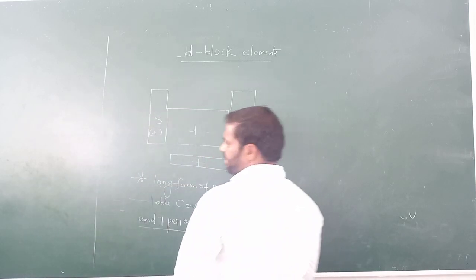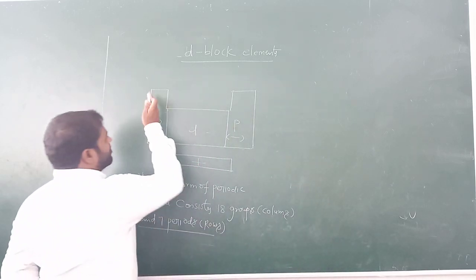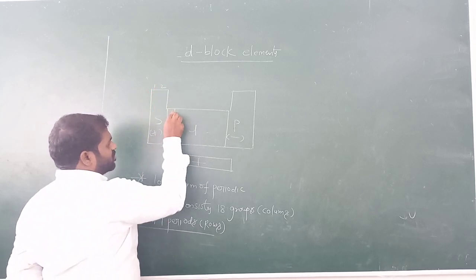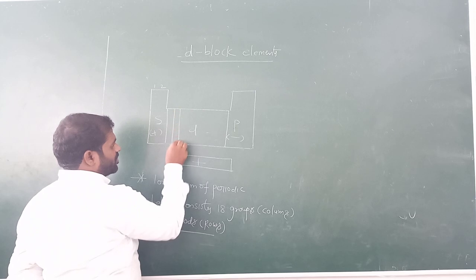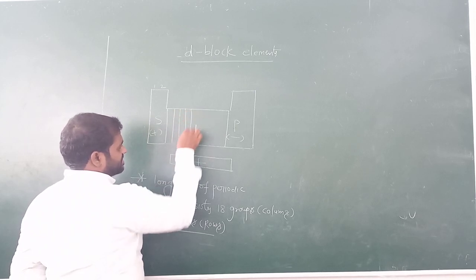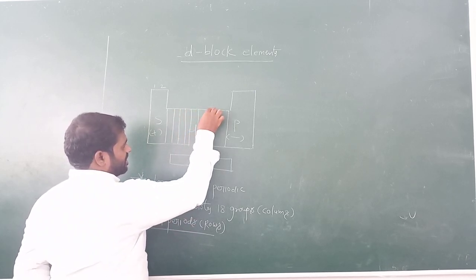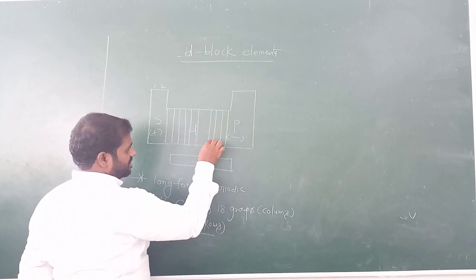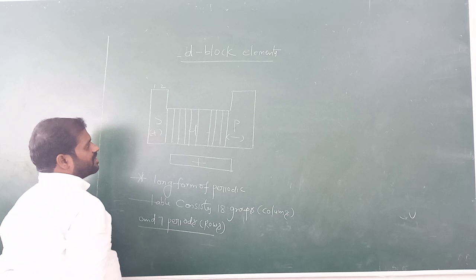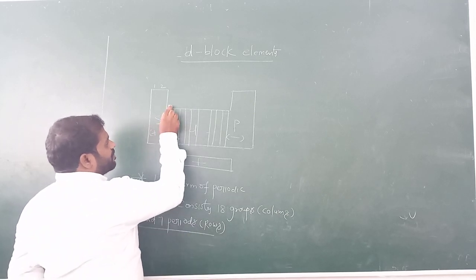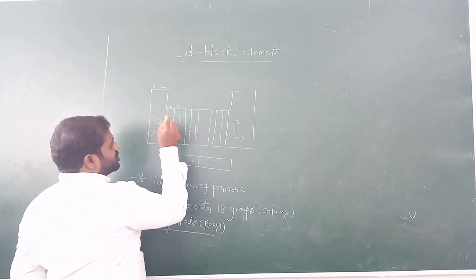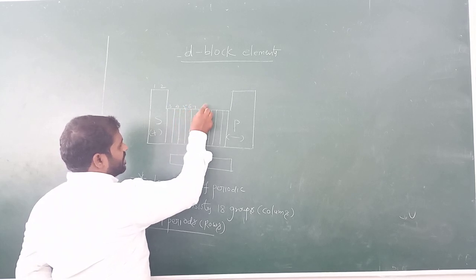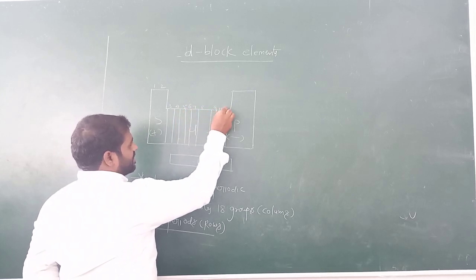Okay, so let's see here. The d block starts after the first group, second group. This is third group, fourth group, fifth, sixth, seventh, eighth, ninth, 10, 11.